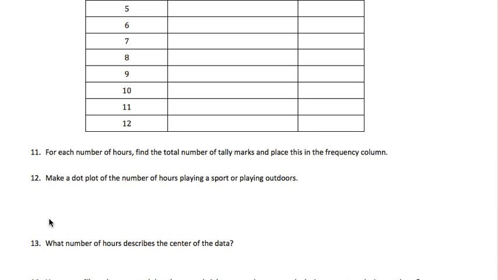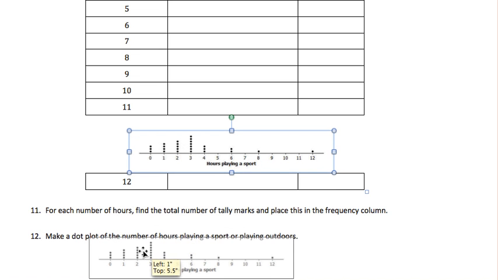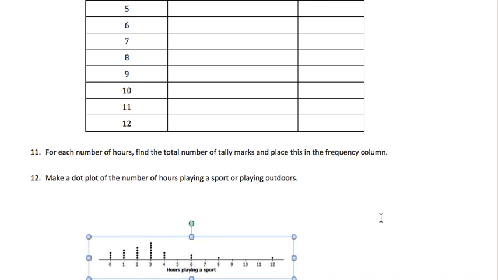Then we're asked to make a dot plot of that frequency table as well. So we're simply taking the information in the data table and transferring it into a dot plot.